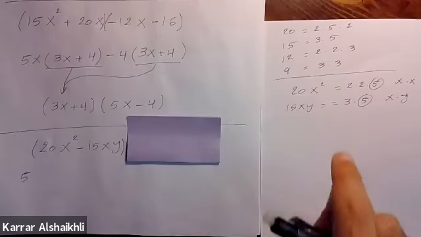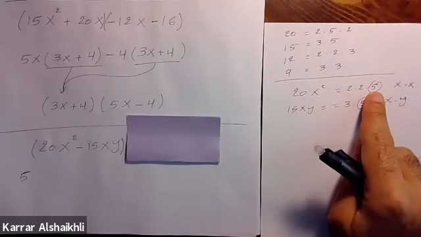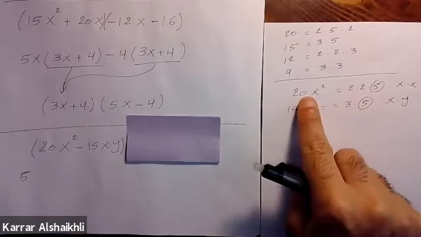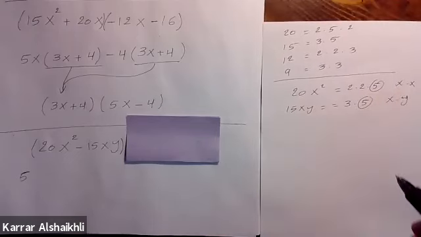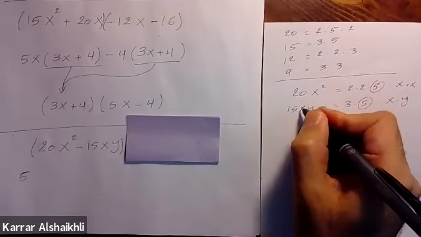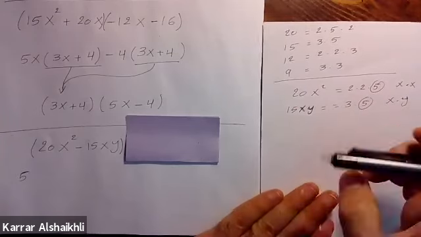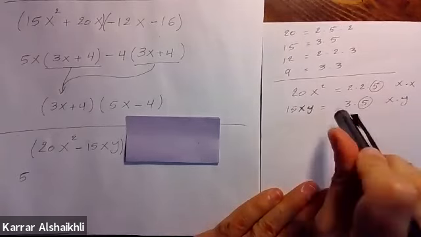Sir, I got confused there because there's x times x, but there's x times y. Yeah, because check here. 20x squared, the 20 is 2 times 2 times 5, right? X squared is x times x. 15xy, the 15 is what? 3 times 5, x times y.